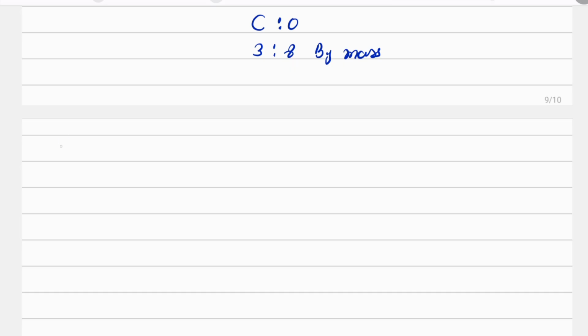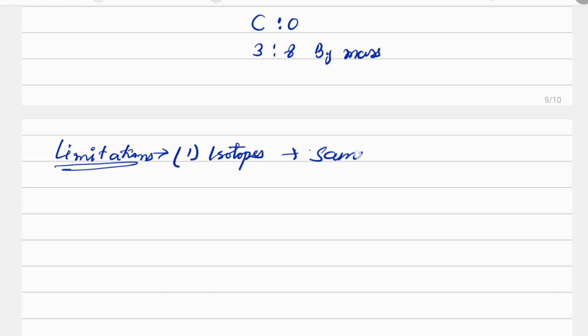There are some limitations of this law that you should know. What are the limitations? The first limitation is that there are isotopes. Isotopes are the same atoms but with different masses.